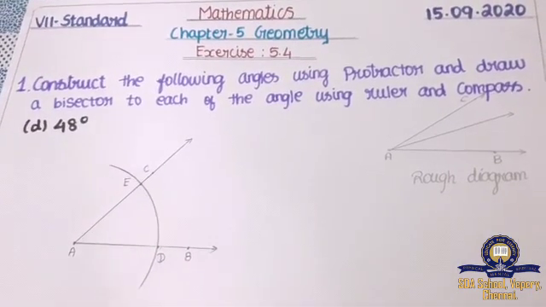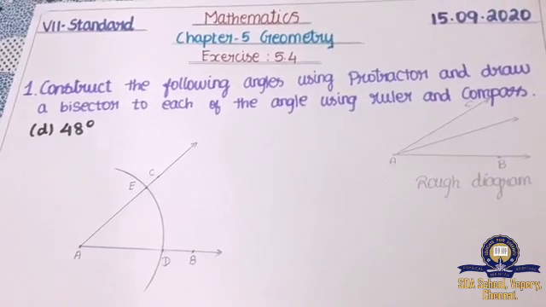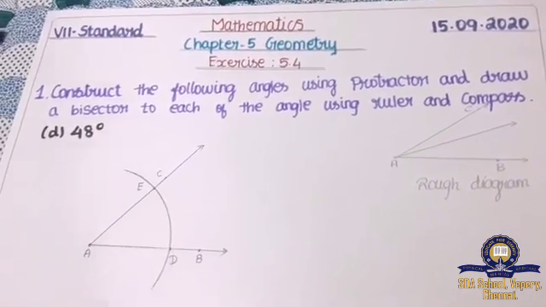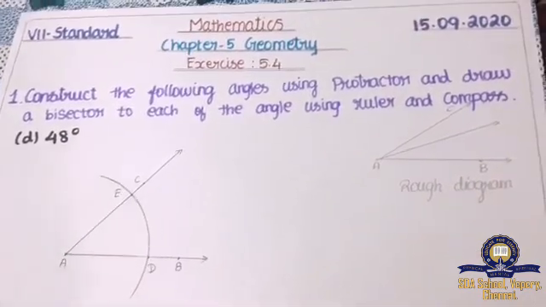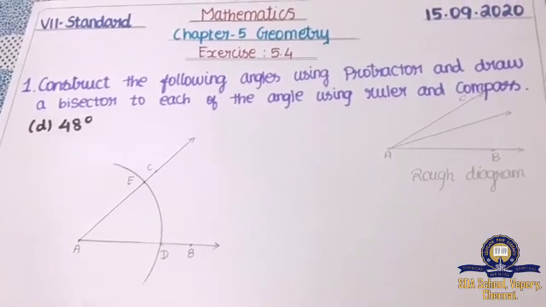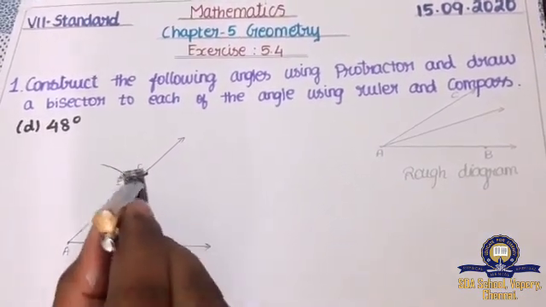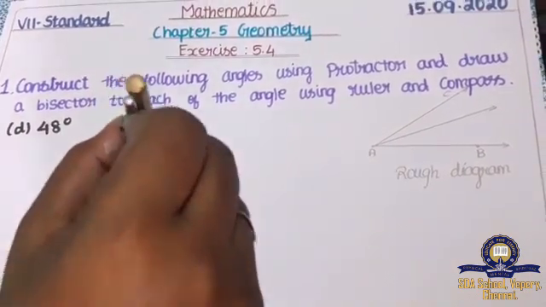Now what is the question given here? We need to draw a bisector to the angle. So what is meant by angle bisector? Angle bisector means it divides an angle into two equal angles. So, using the compass with the same radius, with D as center, draw an arc.